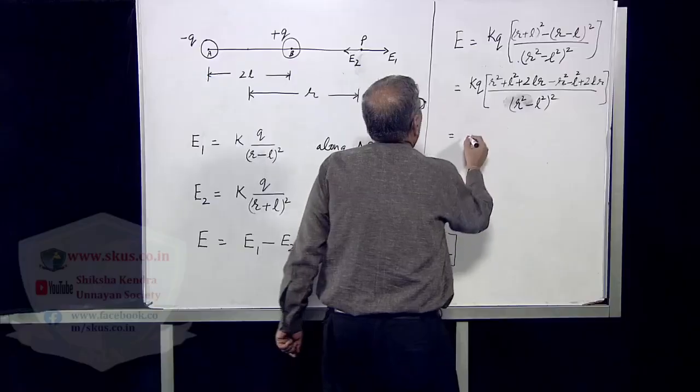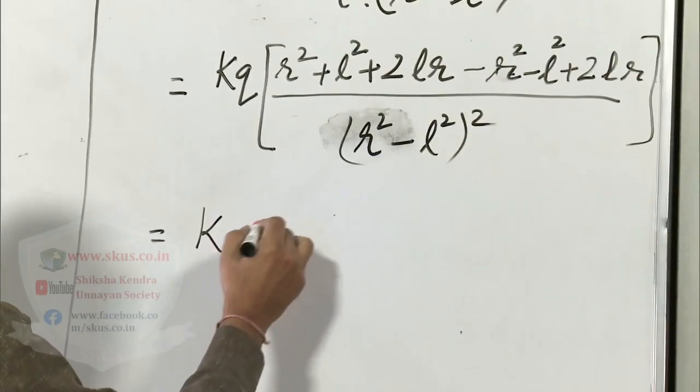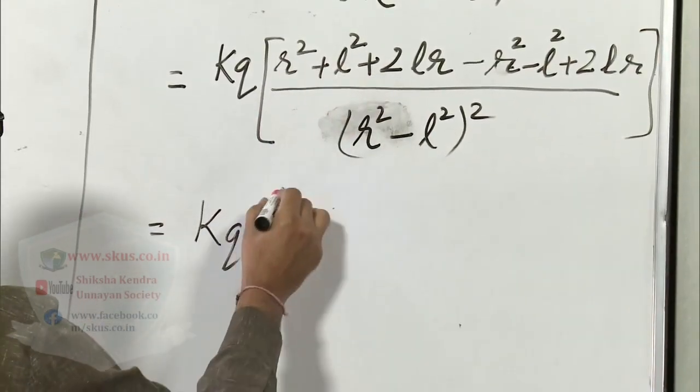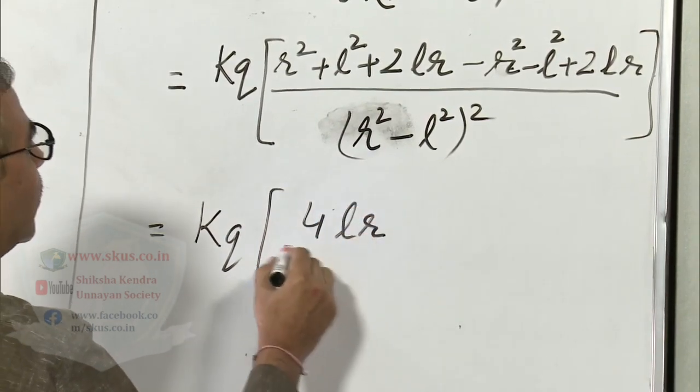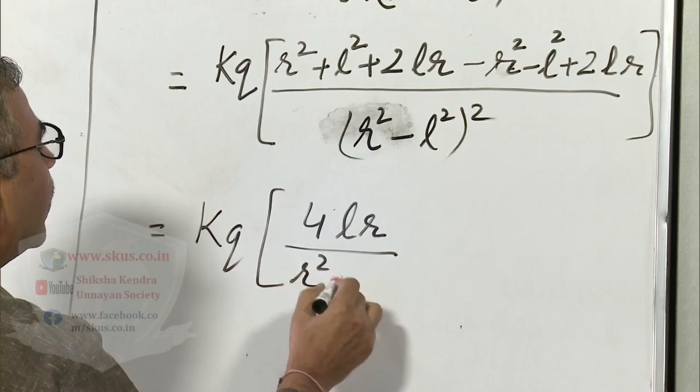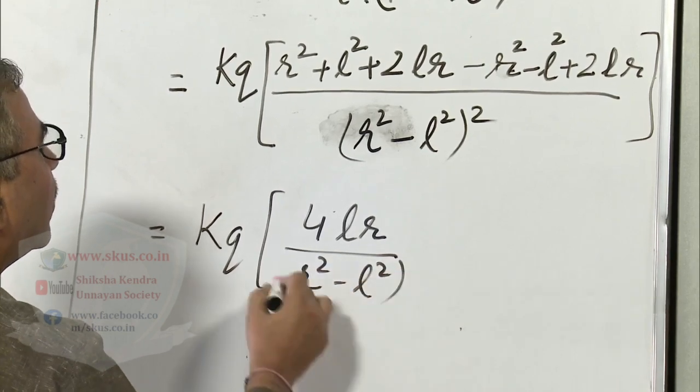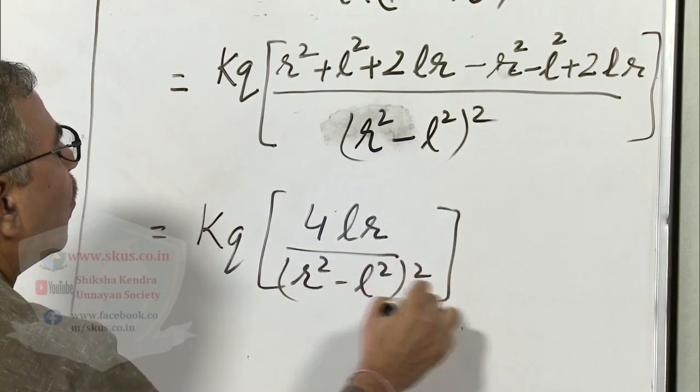So, this comes out to be KQ 4LR upon (R square minus L square) raised to power 2.